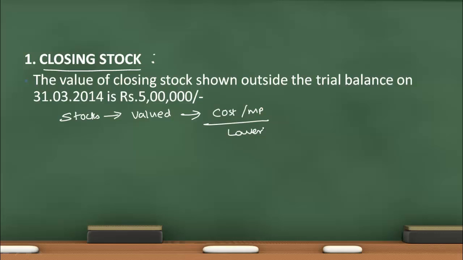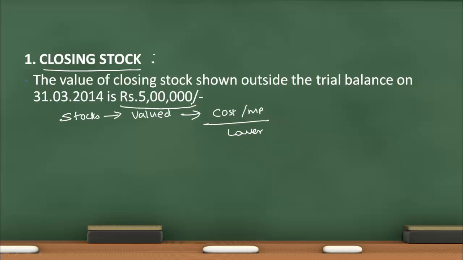So this valuation has to be done. We have to see what the cost price of the stock is, and what the market price of the stock is, and select only the lowest of those values into the final accounts. That would be possible only if this valuation is outside the trial balance. In a question, we always assume that the valued figure is given to us for answering.